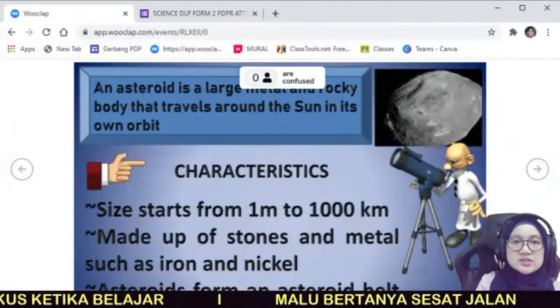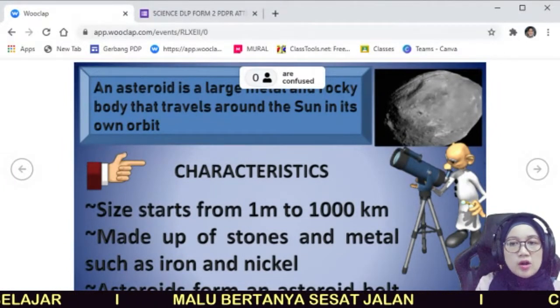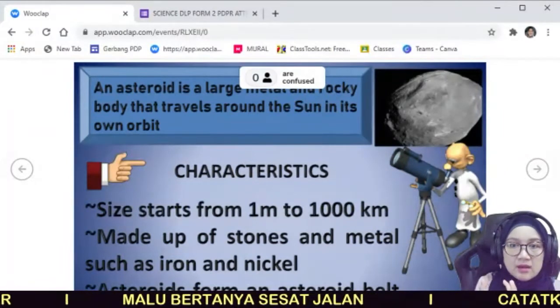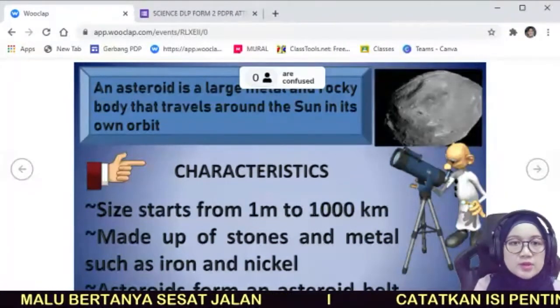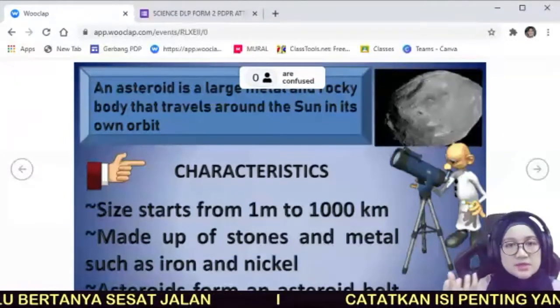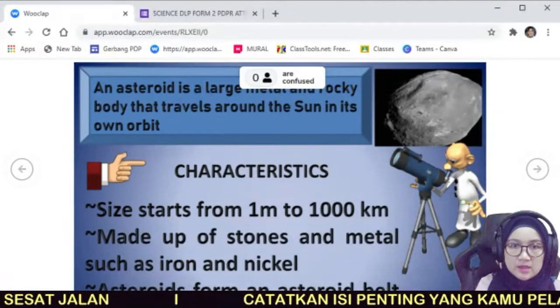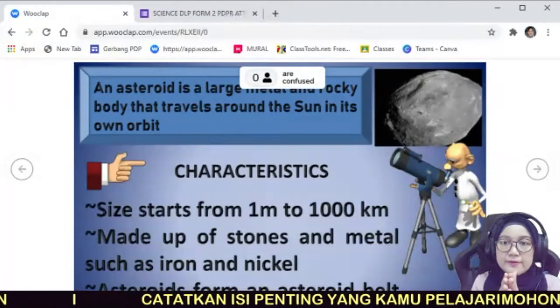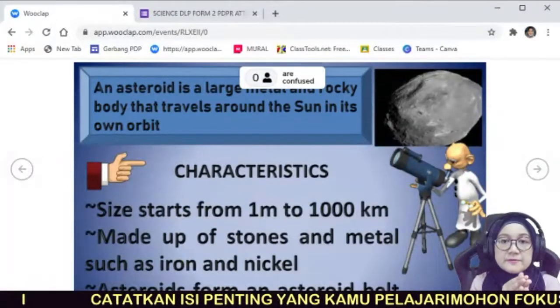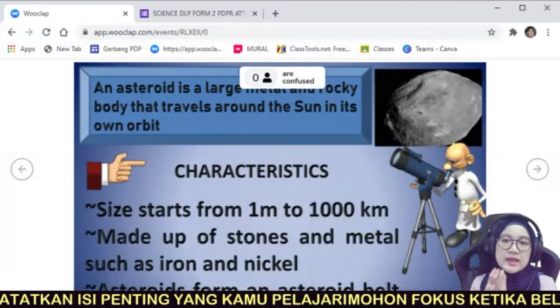Asteroids, meteoroids and comets are fragments that become smaller and smaller. When it becomes smaller, it becomes a meteoroid, and the asteroid is the bigger, large one. Later we will do a specific differentiation between asteroid, meteoroid and comet.